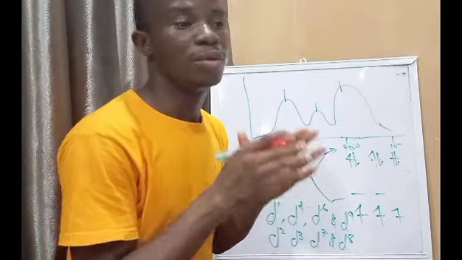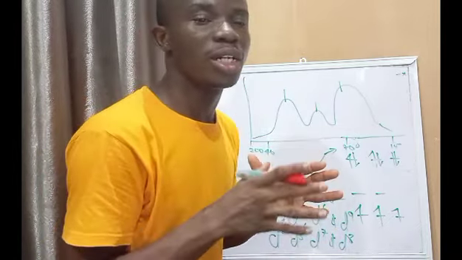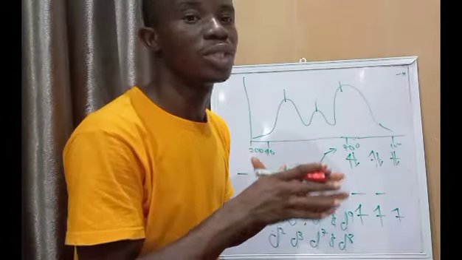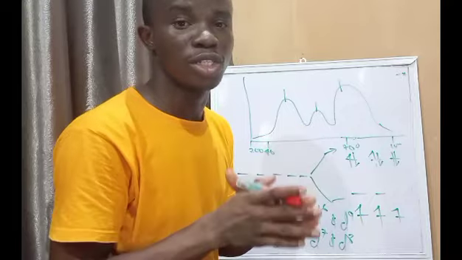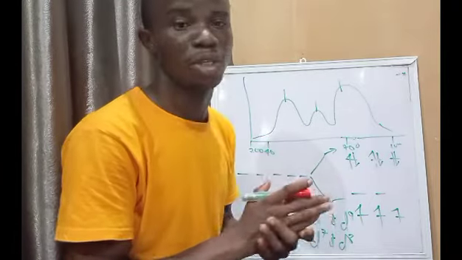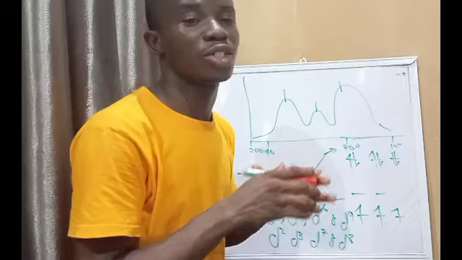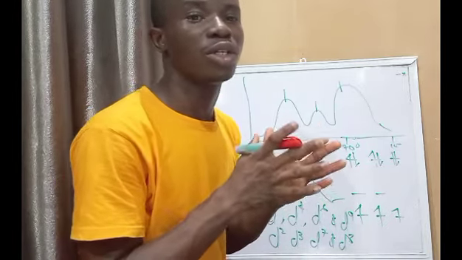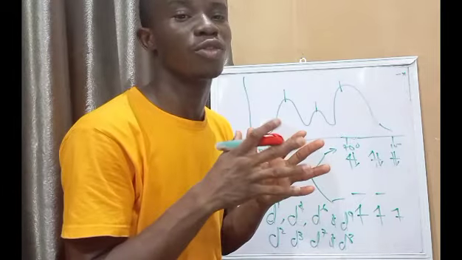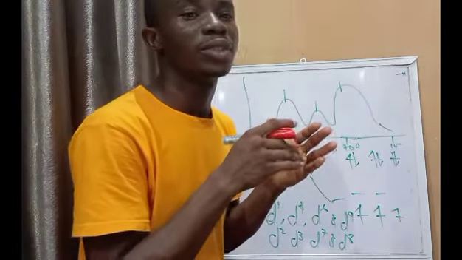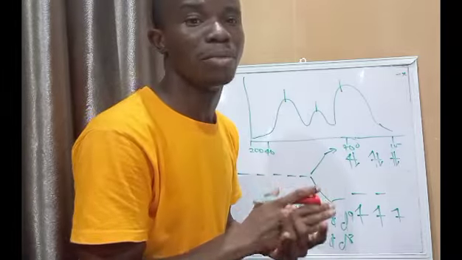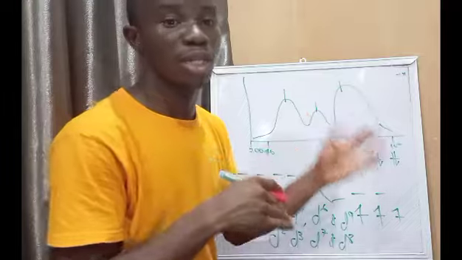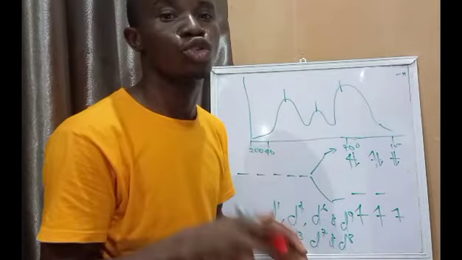And lastly, talking about the last type of transition that you can have in a metal complex that has to do with the UV visible region of the electromagnetic spectrum, that is the transition involving charge transfer. Transition involving charge transfer involves the transition of an electron from either the metal to the ligand, or from the ligand to the metal.